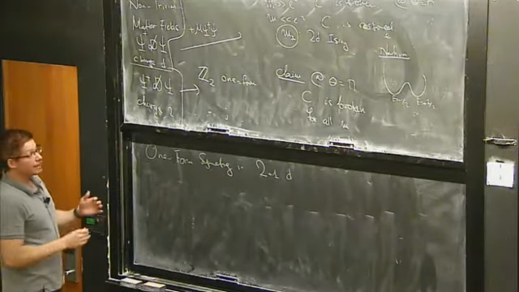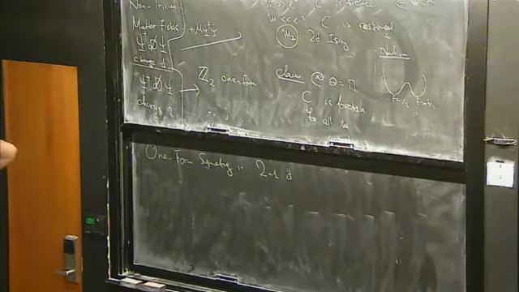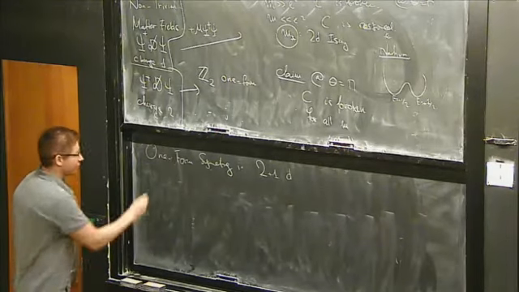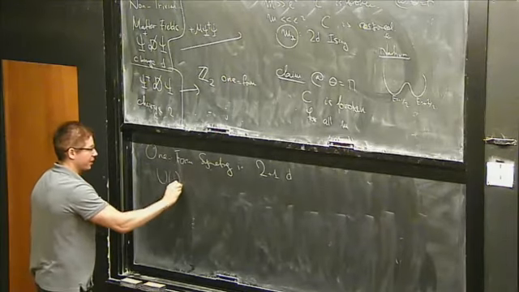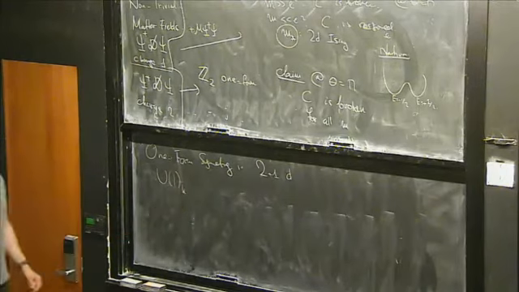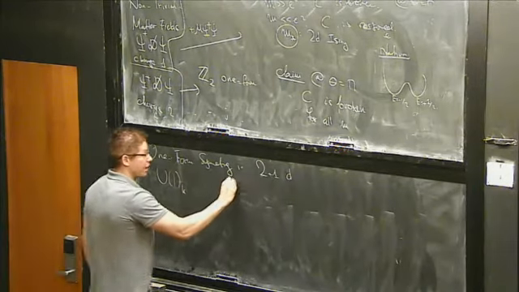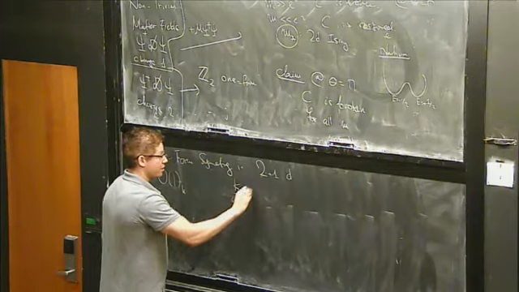Those examples work a little bit differently, because the Chern-Simons action is not gauge invariant, and it introduces some interesting complications. So we'll start from the abelian Chern-Simons theory, k over 4 pi, integral a wedge dA.